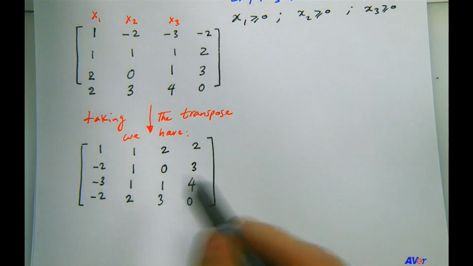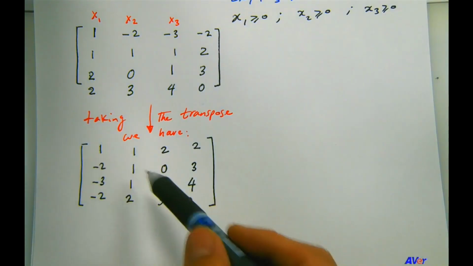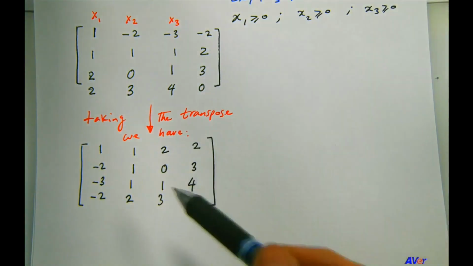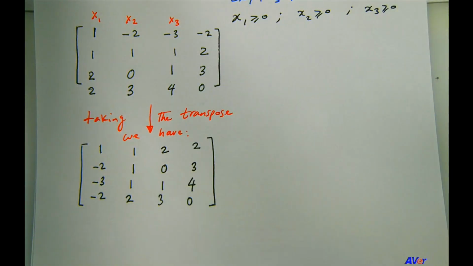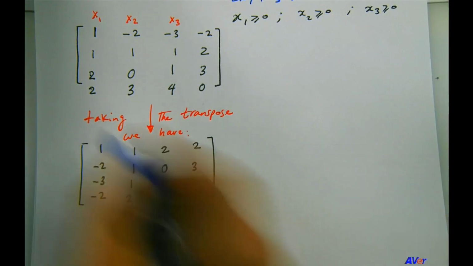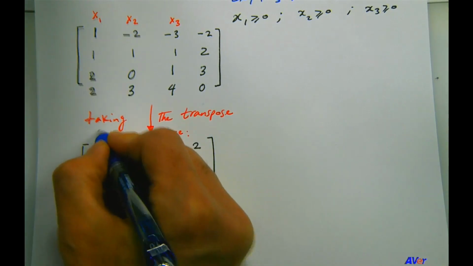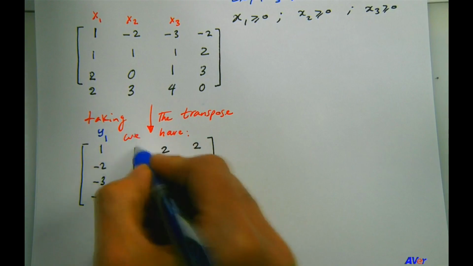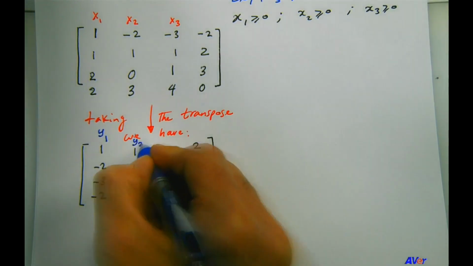So these become the coefficients of the maximum problem in the dual problem. The coefficients of variables in the dual problem, so to speak. So let me label these. So this column becomes the coefficients of y1. The second one becomes the coefficients of y2.